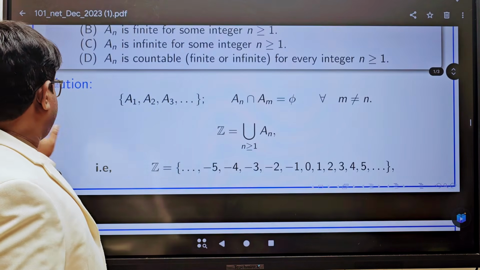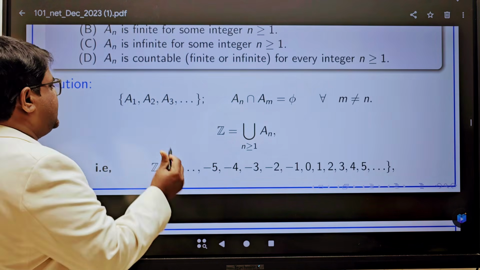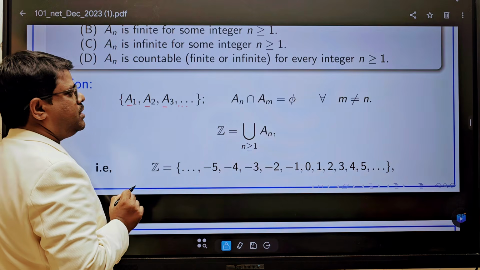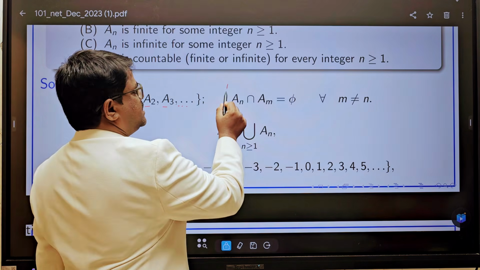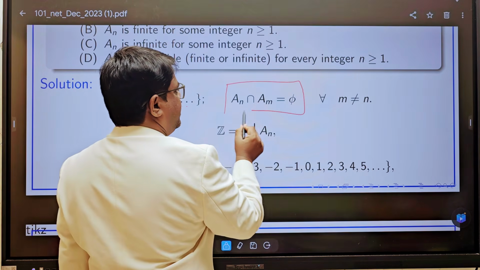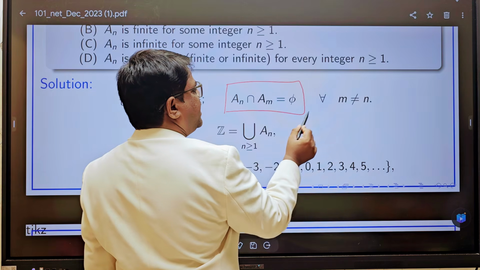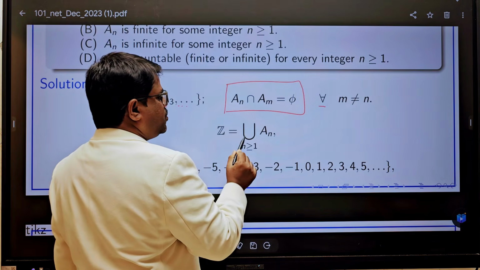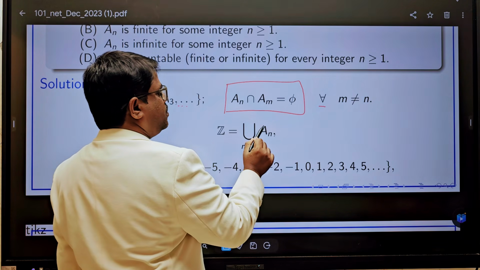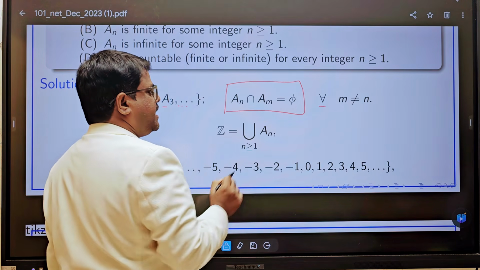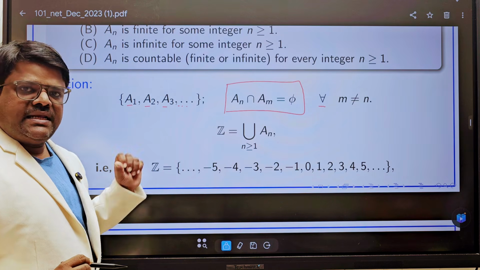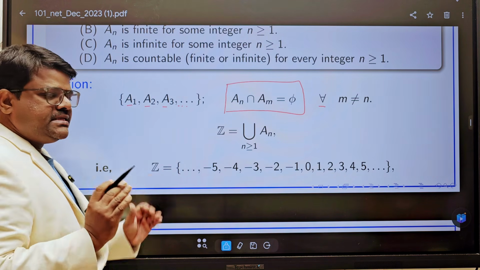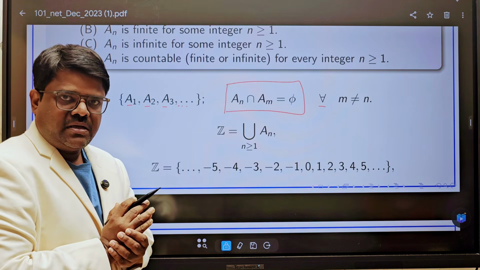Now, you can see here, this is A1, this is A2, this is A3, and so on, and the condition is A_n intersection A_m equals phi for all m not equal to n, and Z equals the union over n greater than or equal to 1 of A_n. Now just listen here. A1, A2, A3 is the collection of subsets.